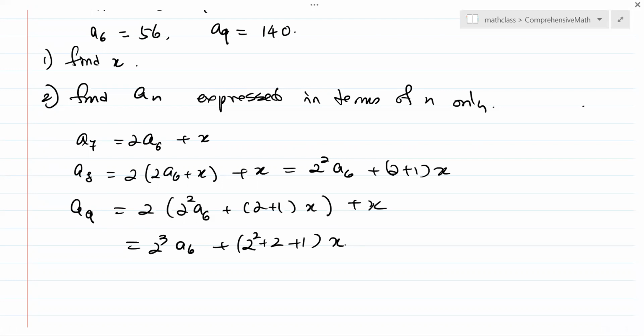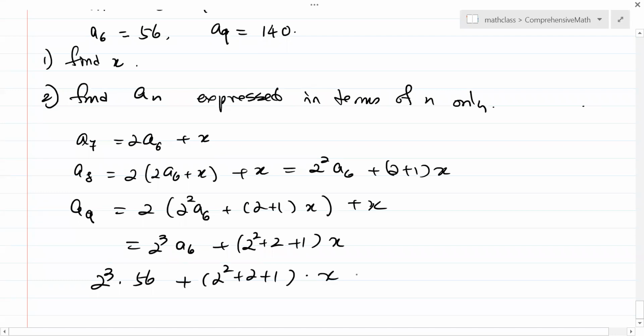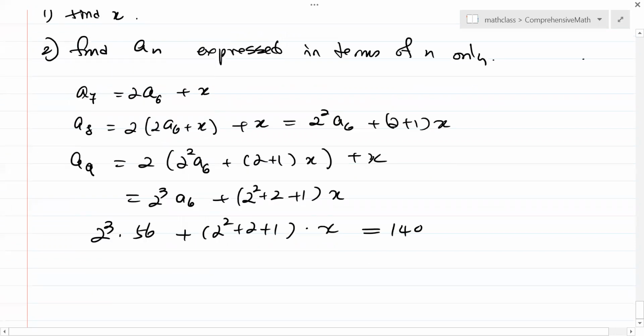If you know A6, so 2 cubed times 56, that's easy to get, right? And plus the x terms, that should be 140. So from here you solve for x. You can quickly get x is going to be negative 44. It's a linear equation.